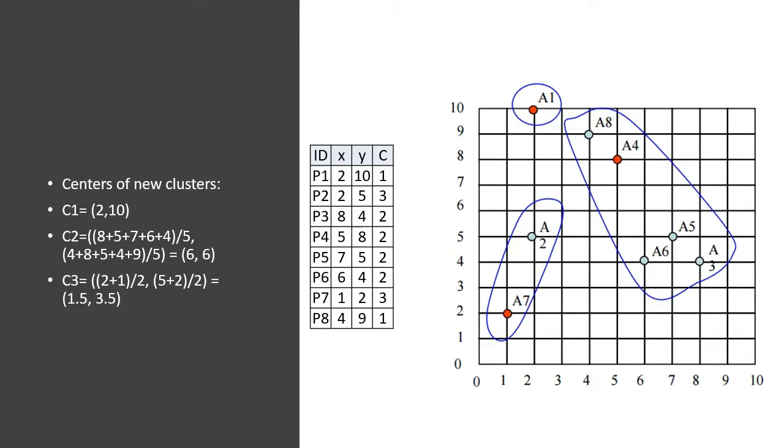For C2 and C3, we take the average of the data point coordinates, dividing by the number of data points in those clusters. C2 has 5 data points, so we take the x's divided by 5, y's divided by 5, and come out with 6, 6. For C3 you do the same, except there are only 2 data points, so the new center is 1.5, 3.5.